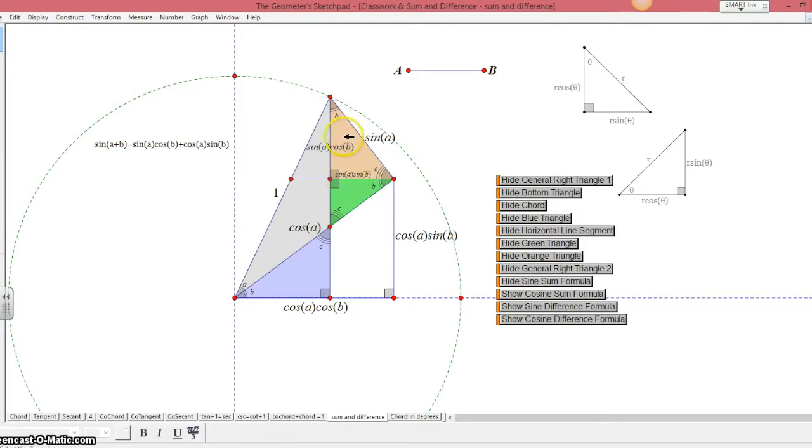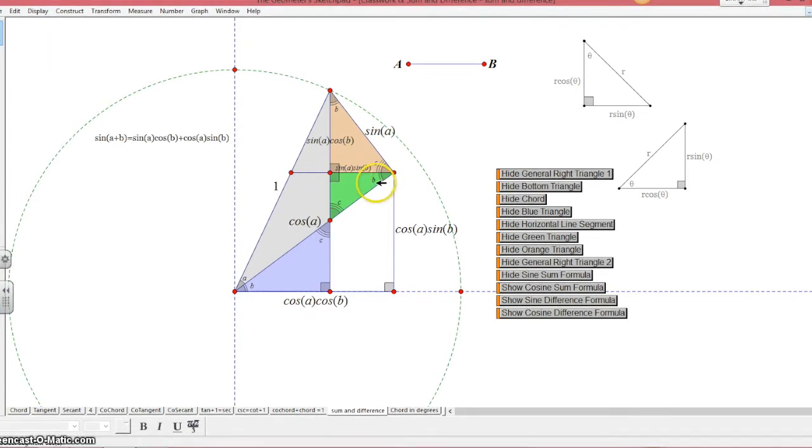We know that the sine of beta times the sine of alpha via this triangle right here is this length right here. This length, sine alpha, sine beta, is equivalent to this length right here. Therefore, we can say that our cosine of alpha plus beta is this entire length of cosine alpha, cosine beta, minus sine alpha, sine beta right here.